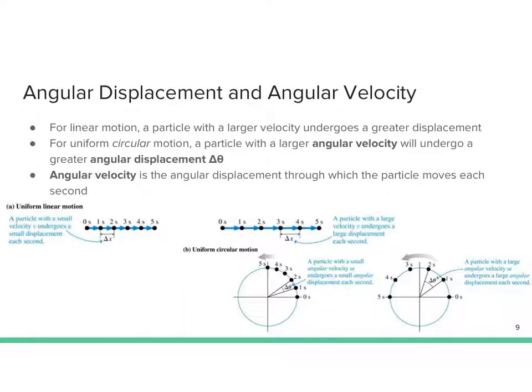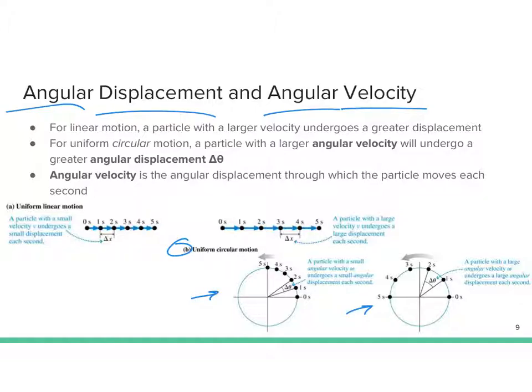Okay, so now we got to get into concepts of things that we talked about in the first unit, such as displacement and velocity, but we're going to add the term angular in front of it because we're now talking about rotational motion. So I have 2 pictures down here. There's this guy on the left and this guy on the right.